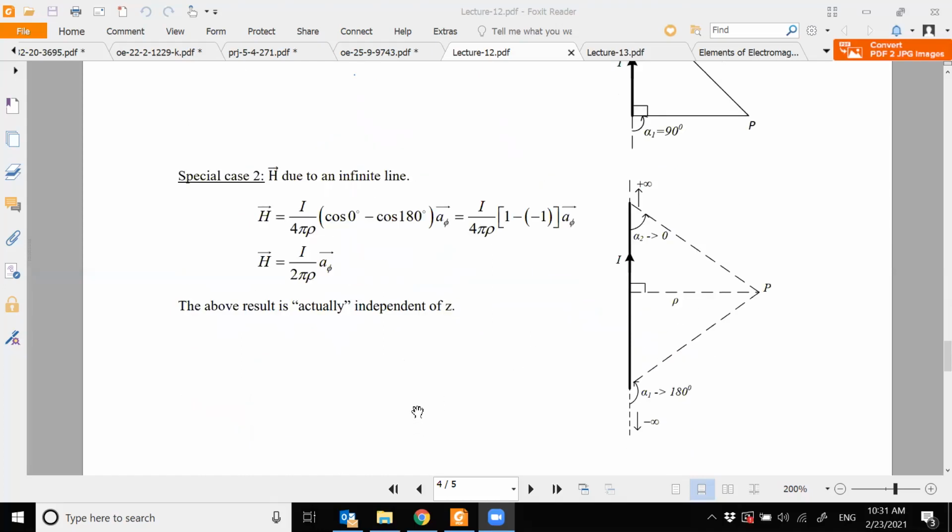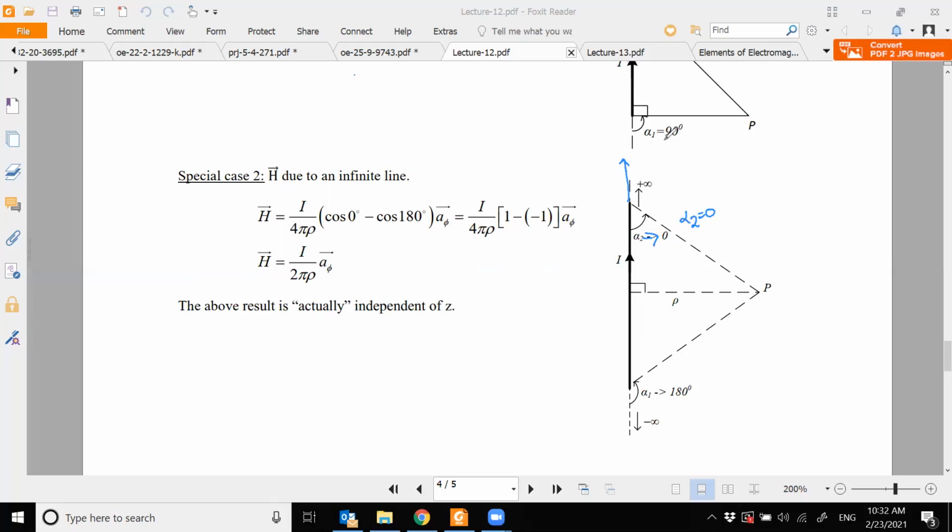So based on that, you can get the infinite line also. For the infinite line, we have already seen that if I pull this to infinity, then alpha 2 will tend to 0 and eventually become 0. In a similar manner, if I take this end of my semi-infinite line, which was at 90 degrees, and start pulling it, what will happen to alpha 1?